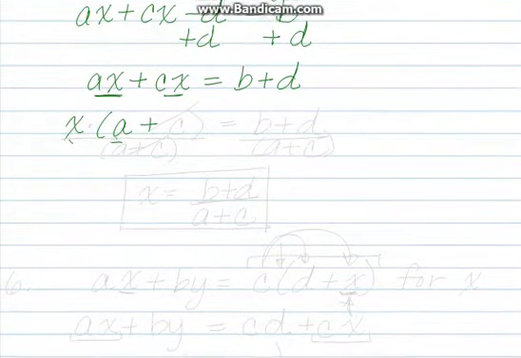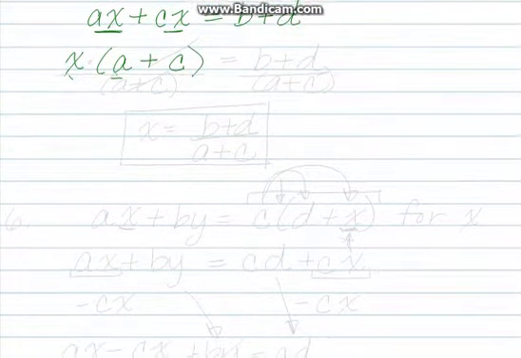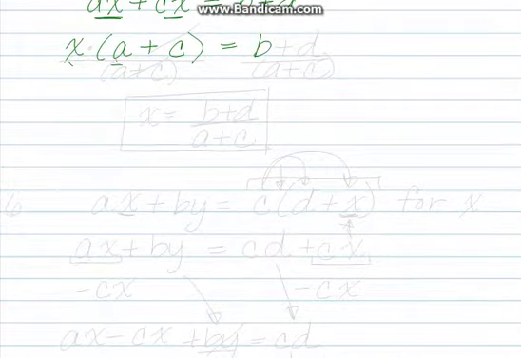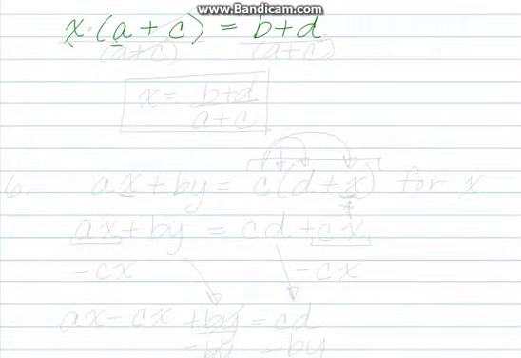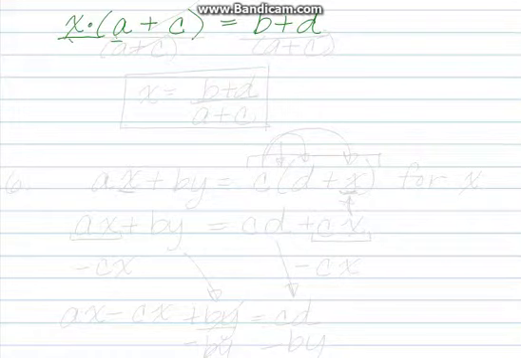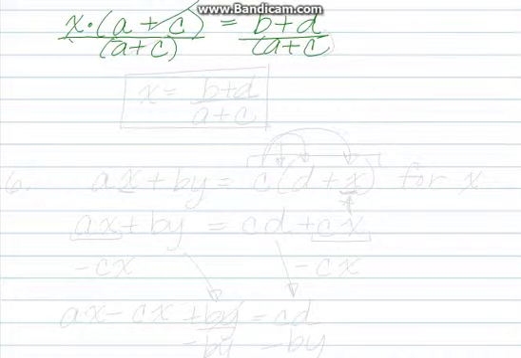X times C gets me XC, and this is equal to B plus D. Now X being multiplied by the A plus C, so we'll undo that by dividing by A plus C on both sides of the equation. So we end up that X will be equal to B plus D over A plus C.